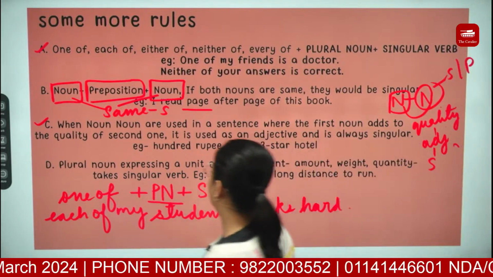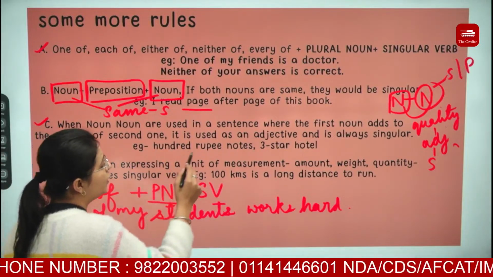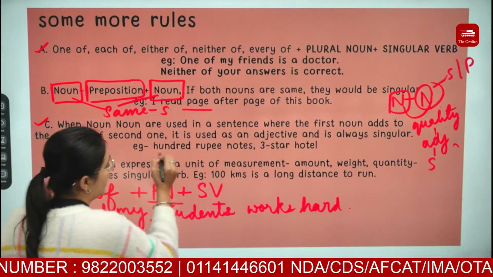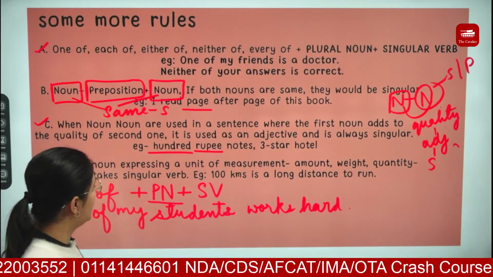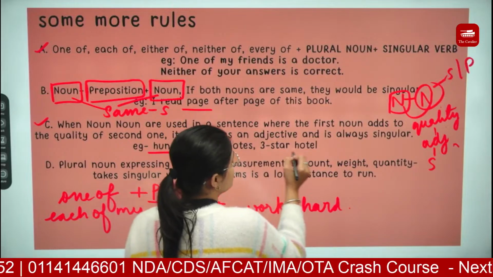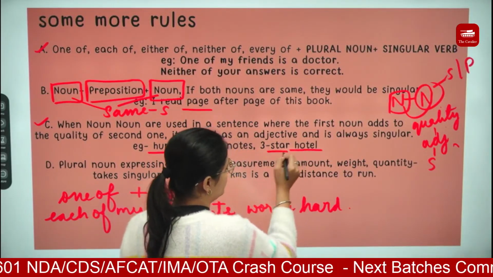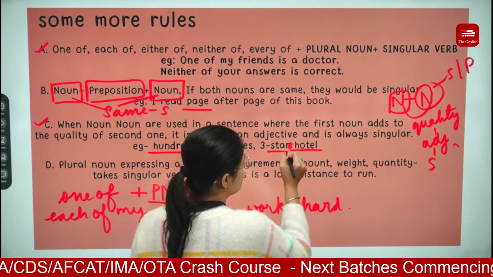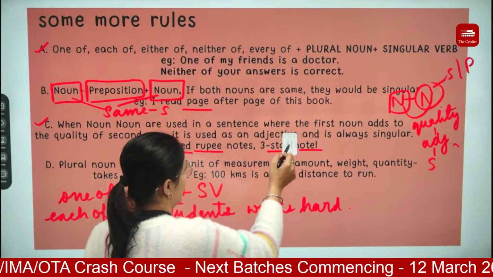For example, if I say I have many 100 rupees, it should be 100 rupee, not rupees. Next, a 3-star hotel or 5-star hotel. Hotel is a noun, star is also a noun. It won't be stars. It is going to be only star.